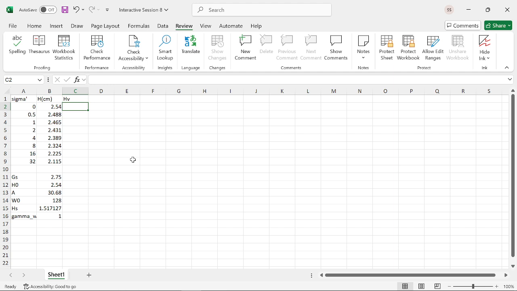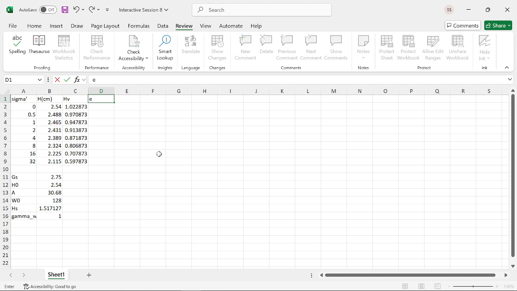So this will be this minus, so this is how the height is changing, and as we discussed, the void ratio will be height of voids over height of solids.